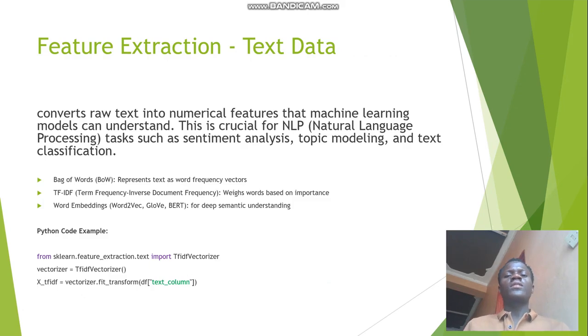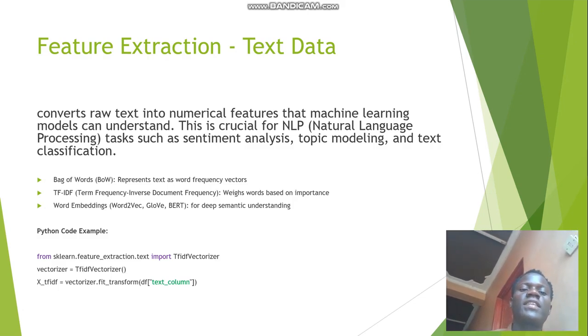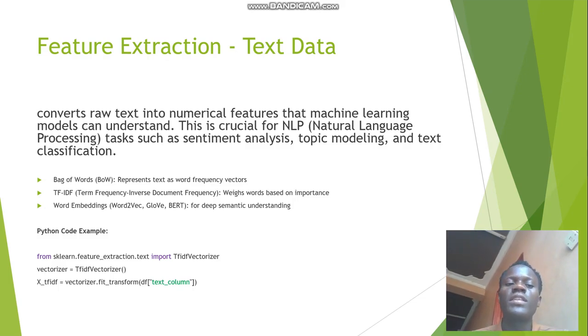Then for text data as a feature extraction type, it converts raw text into numerical features that machine learning models can understand. This is crucial for natural language processing tasks such as sentiment analysis, topic modeling, and classification. Here, you have bag of words, which represents text as word frequency vectors.